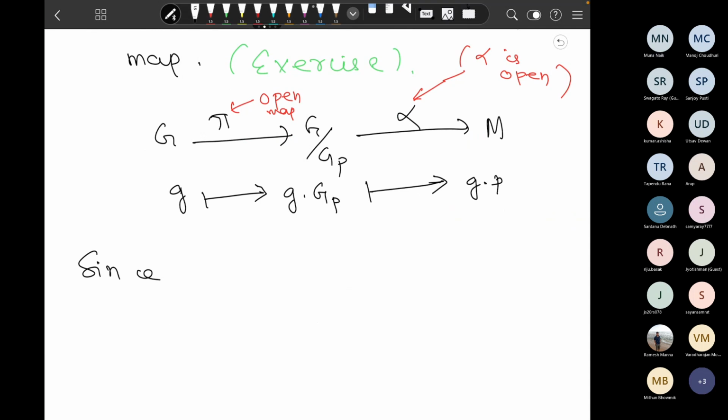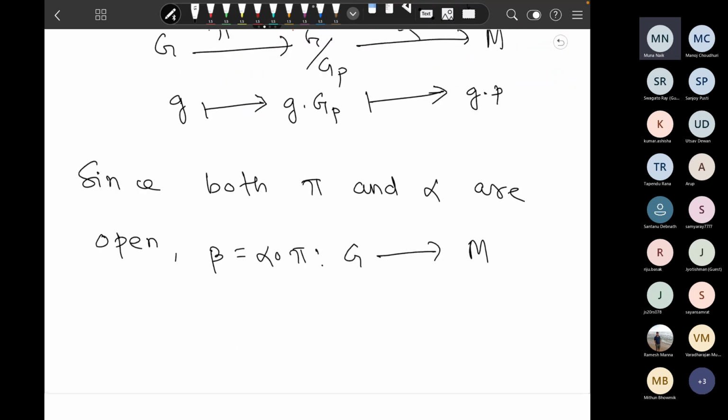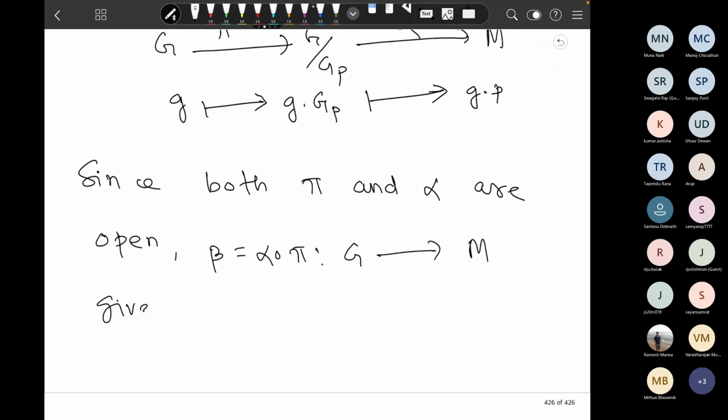Since both pi and alpha are open, the composition beta, which is alpha composed with pi from G to M, given by beta of G equal to G dot P, is an open map.